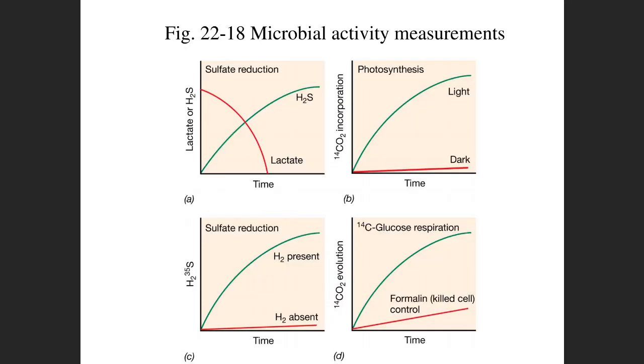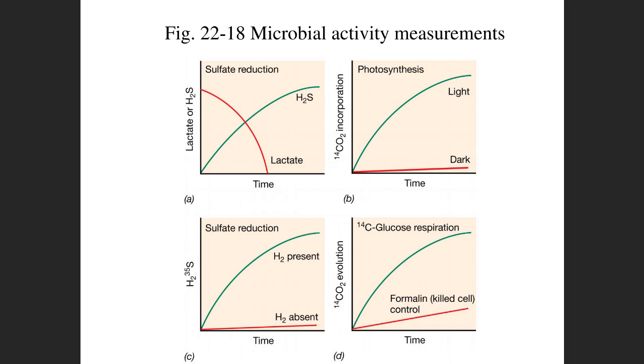And so with that, you can measure different things. You can measure pH or sulfate or different chemicals. In this case, you can see sulfate reduction is coupled with hydrogen sulfide increase, and you can also measure different things.